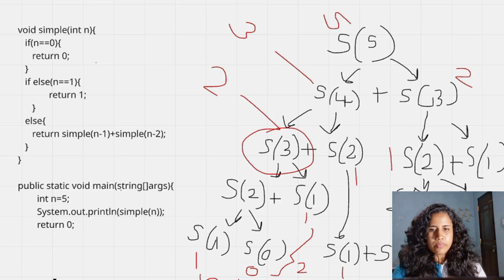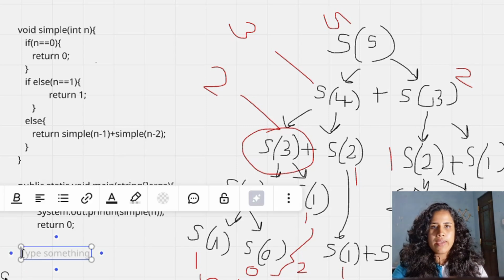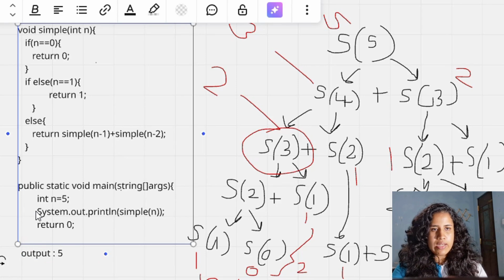So since n is 5 and here we print S of n, when n is 5 it's 5, so output will be 5. So that's the tree recursion.